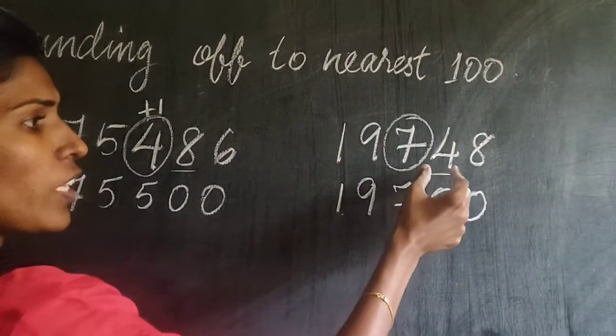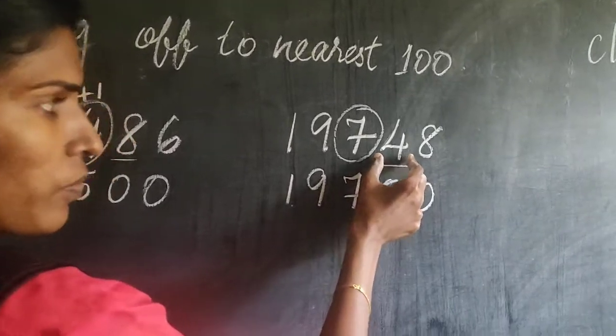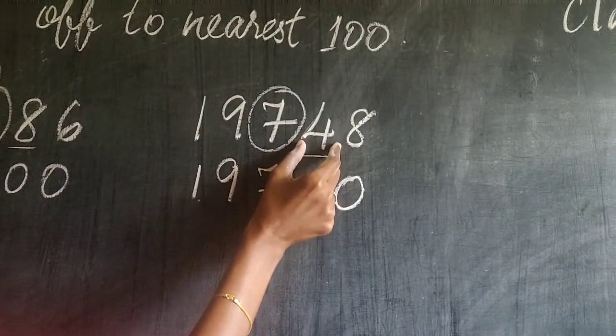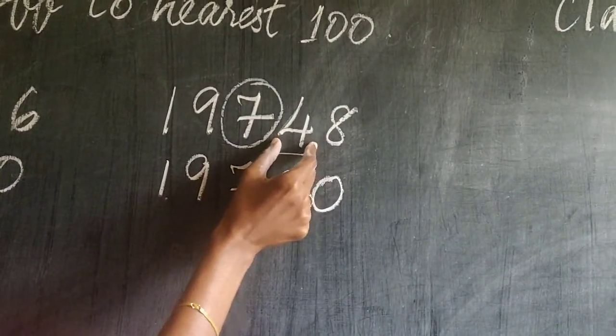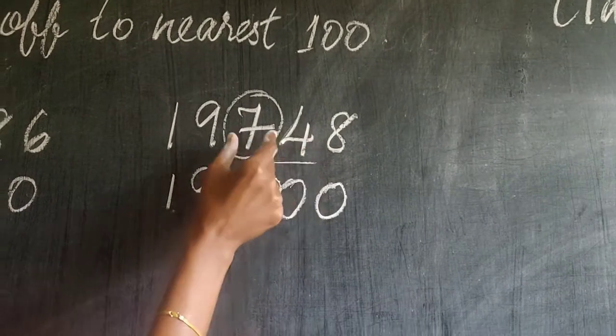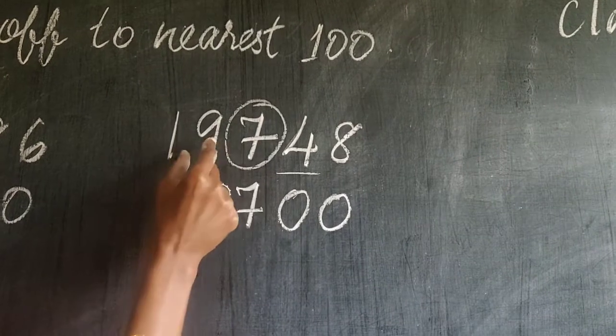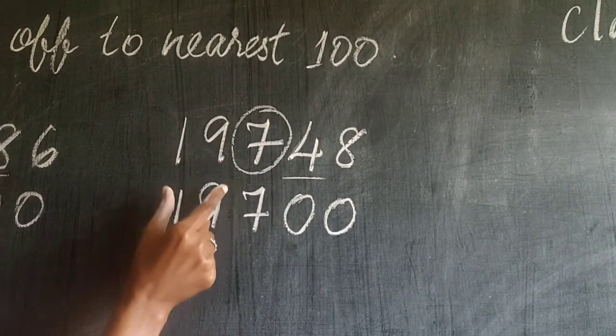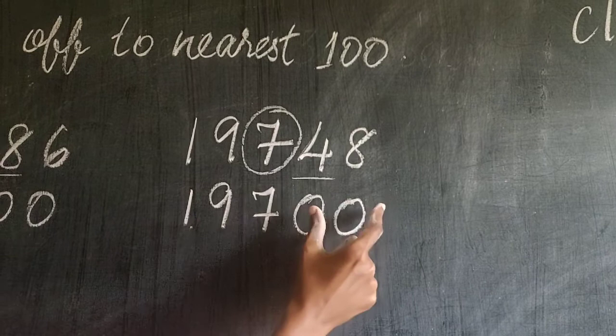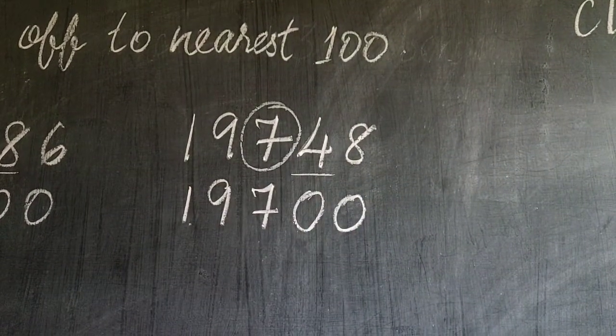And if the digit on the right side is smaller than 5, then you will not make any change in this number. You will write it as it is, and all the digits on the left side also remain the same. But the right side will become 0.